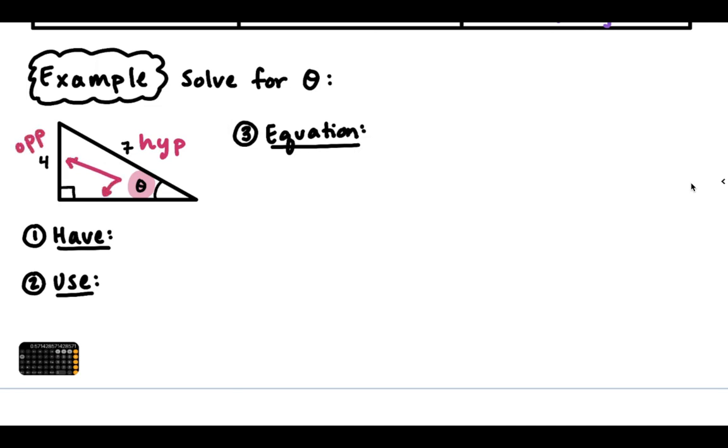And that leaves this blank side to be adjacent. We don't even really need to label that side. Actually, I'm going to erase that. Oh no. Okay. So what we have is the hypotenuse, 7, and the opposite side, 4. So we have opposite and hypotenuse.